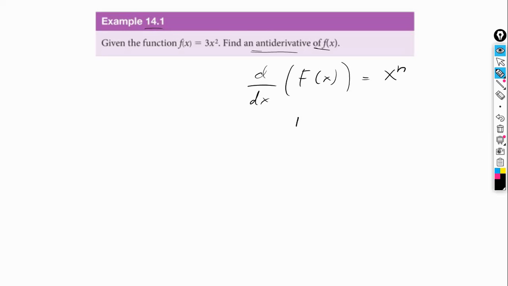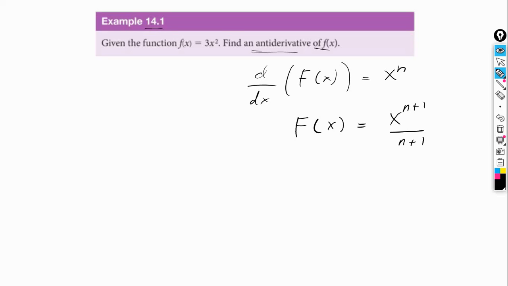The rule to find the antiderivative would be adding 1 to n, so we would get x to the n plus 1, and then we'd also divide by n plus 1.